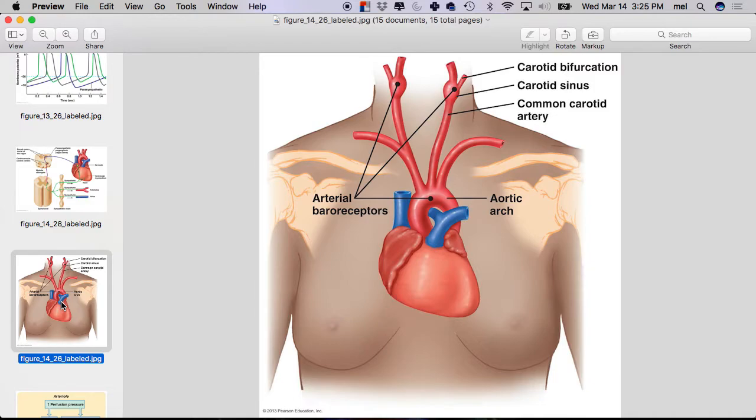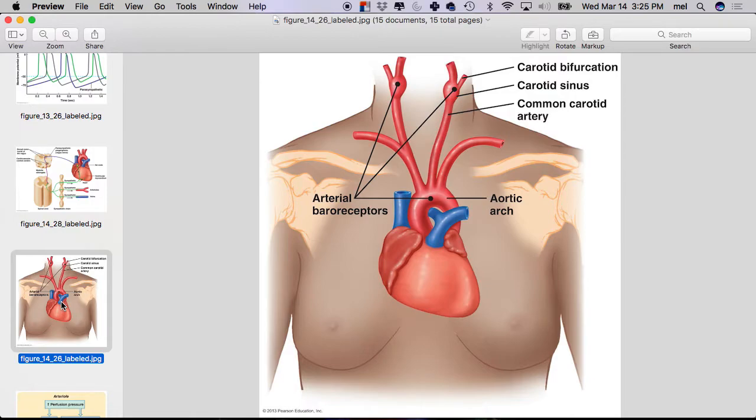Arterial or venous blood pressure? Arterial blood pressure. And this is arterial blood pressure to the whole systemic circulation, because that's where the aorta goes. And then you've also got baroreceptors in your carotid sinus, which is monitoring pressure to where? Brain.